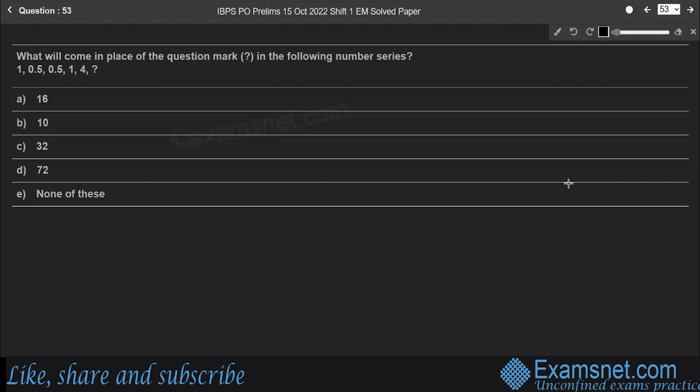Question 53. What will come in place of the question mark in the following number series? Here, the first number is 1, the second is 0.5, the third number is 0.5, the fourth number is again 1, the fifth number is 4. We have to find the next number. Here, to get the second number, the first number is multiplied by 0.5. 1 into 0.5 gives the second number, right?